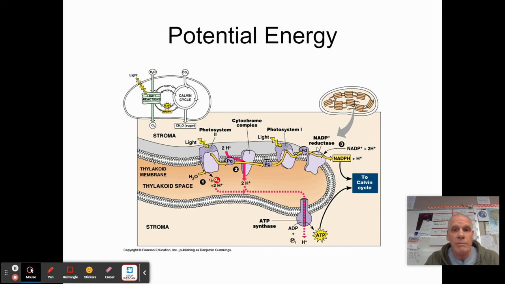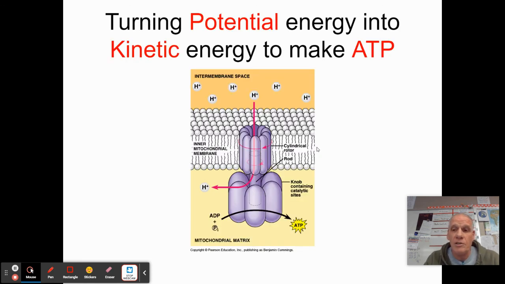So again, we're going to use that potential energy. We're going to turn that potential energy into kinetic energy by allowing those protons, again, this is the intermembrane space with a high proton concentration gradient, to diffuse down through ATP synthase, and in that process, use the kinetic energy of the flow of those protons to drive the anabolic process of building ADP plus a phosphate into ATP.